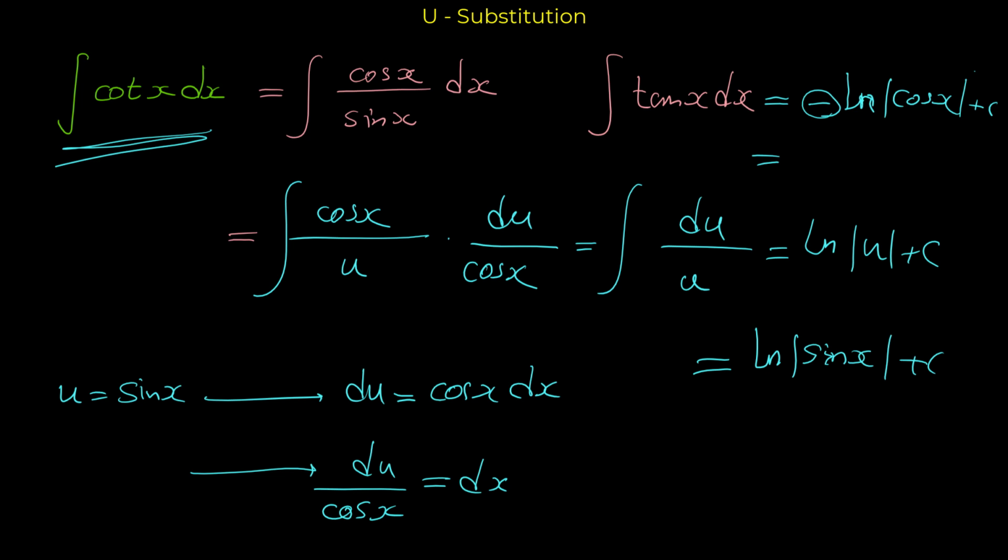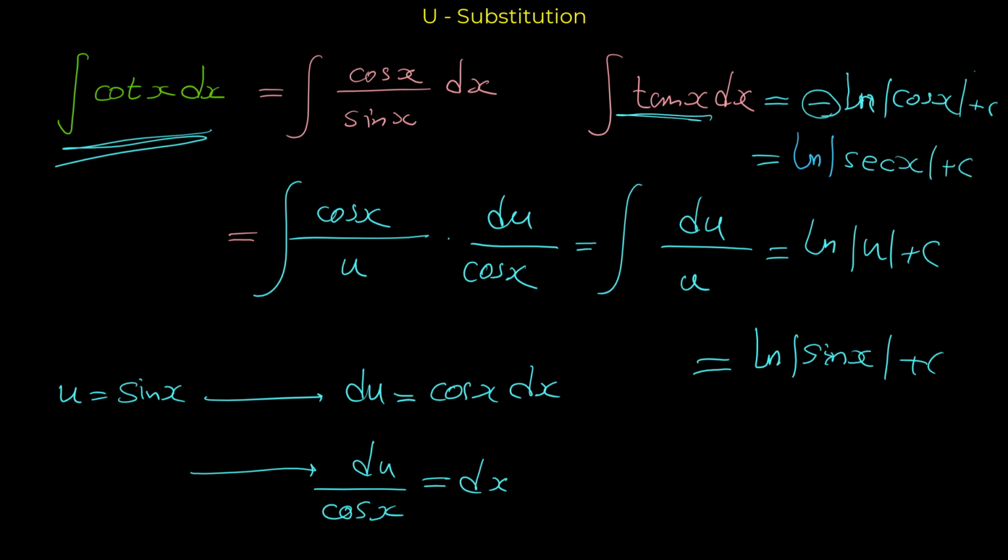So we can write this answer as ln of 1 over cosine. But what is the name of 1 over cosine in trigonometry? 1 over cosine is secant. So the answer can be written simply as ln of absolute value of secant of x plus c.